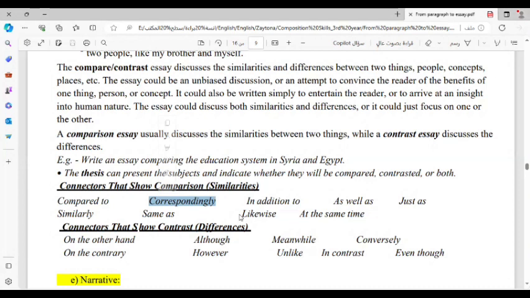"Free education in Syria, correspondingly same as education in Egypt." Sorry, can you say that again? "Education in Syria correspondingly same as education in Egypt."